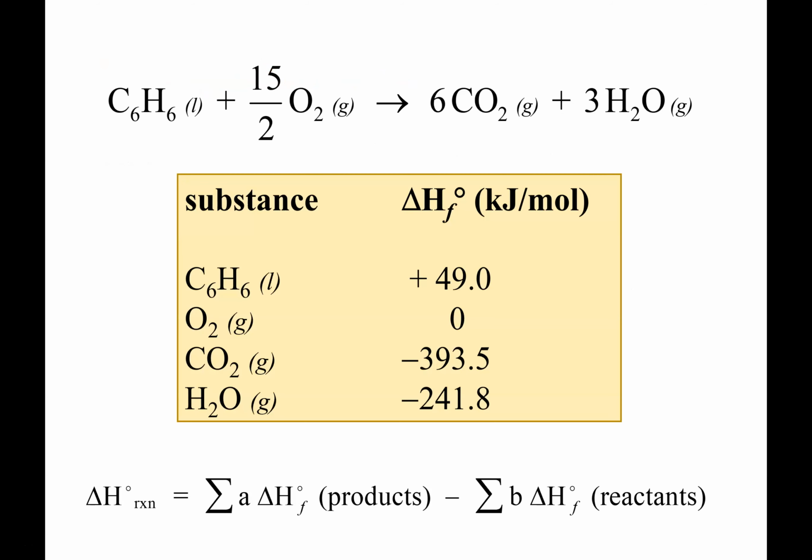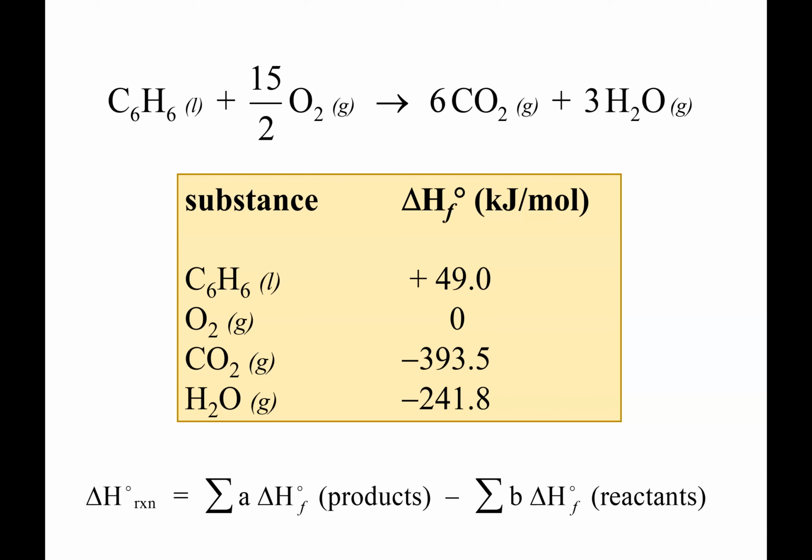To work these problems, I see two problems. People don't stay organized with them, and people, myself included, lose the sign sometimes. So you're going to see on the next few slides, we're going to take 6 times the standard molar enthalpy of carbon dioxide, negative 393.5, plus 3 times the standard molar enthalpy of formation of water, negative 241.8.